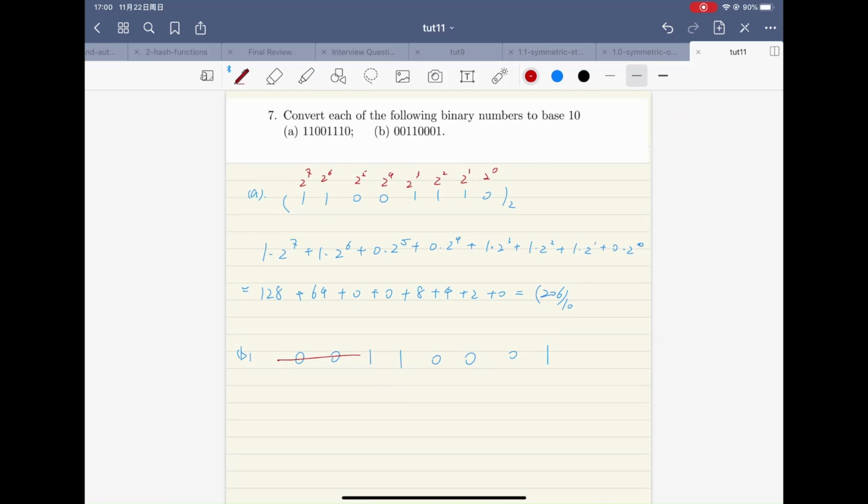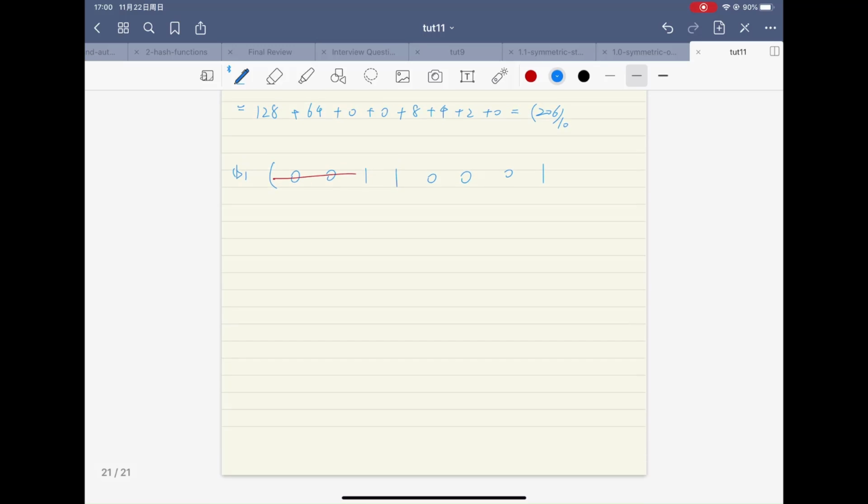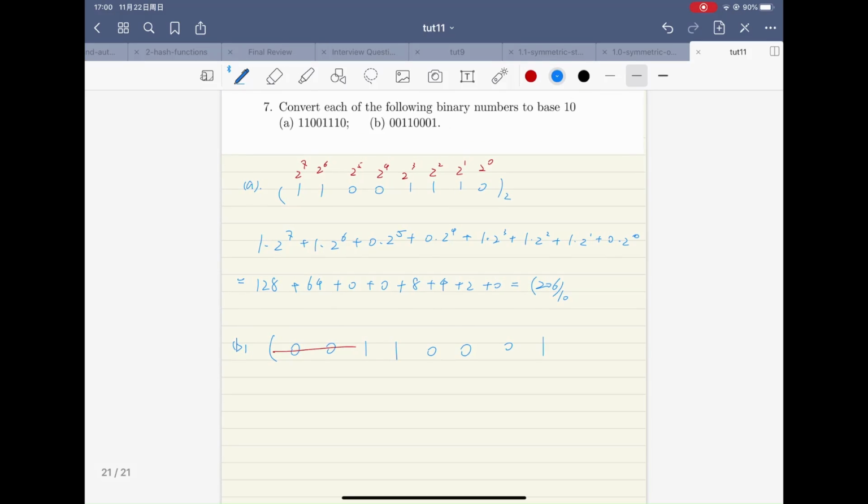Because 00110001 in base 2 is just equal to 110001 base 2, because those are leading zeros.